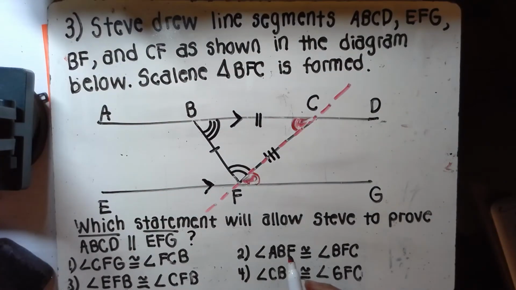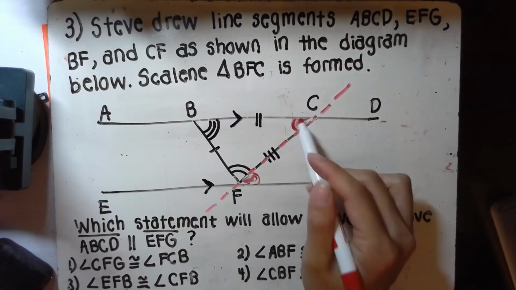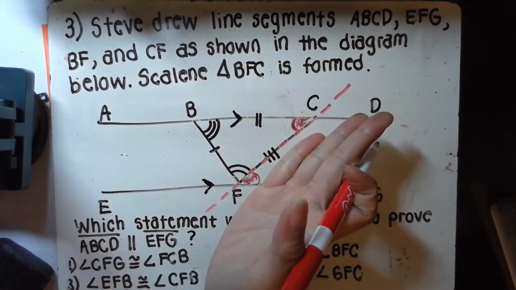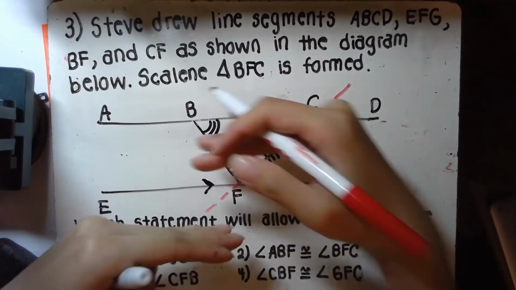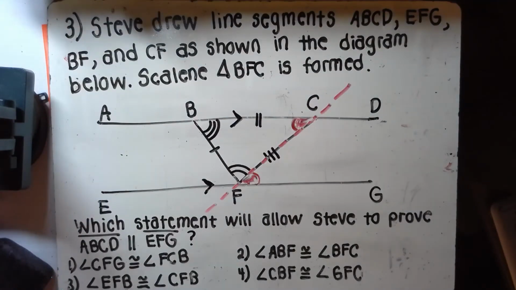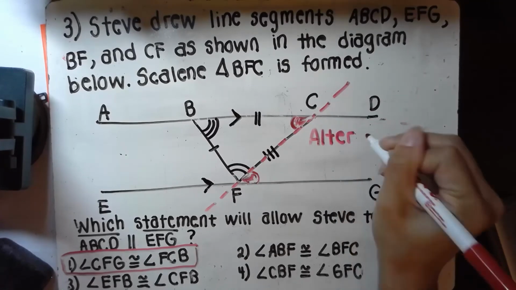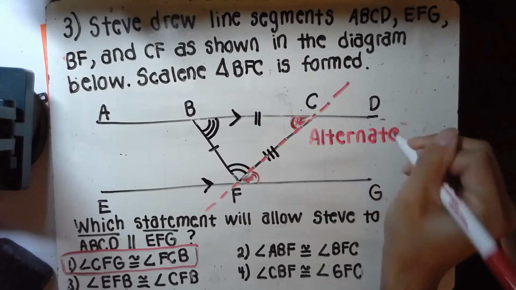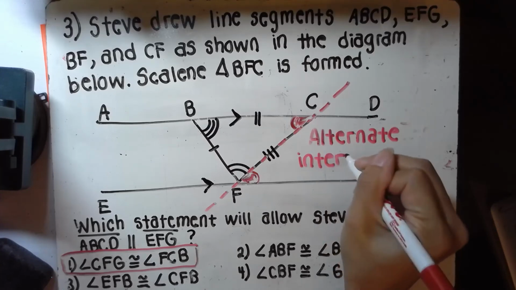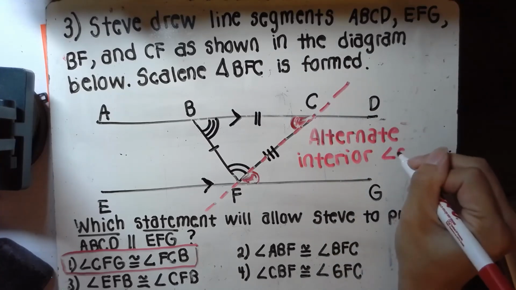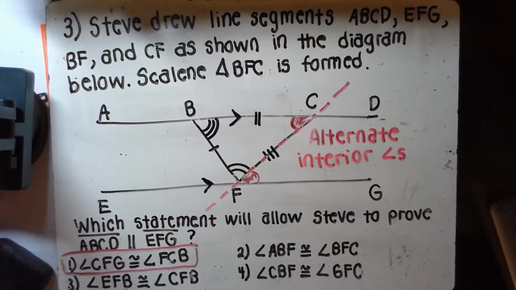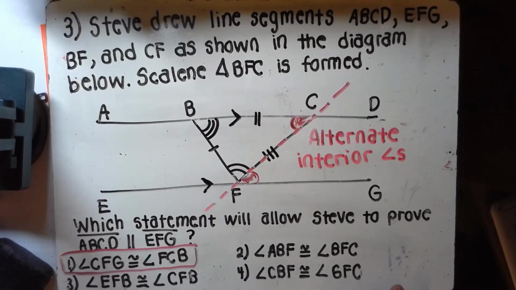That's why it's called alternate, because they're on opposite sides of the transversal, and they're interior angles because they're inside the parallel lines. And so that's actually our answer, because these are going to be alternate interior angles. And we know that alternate interior angles are always congruent when we are given two parallel lines.